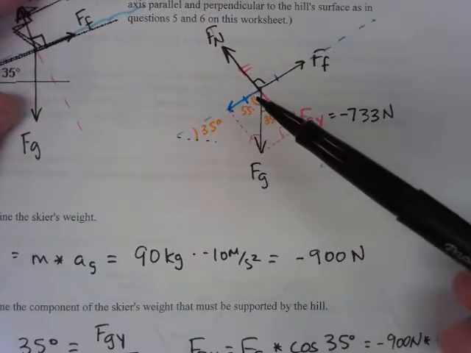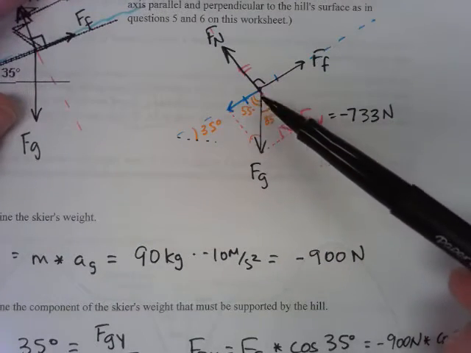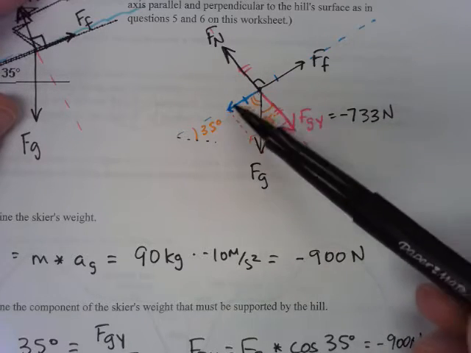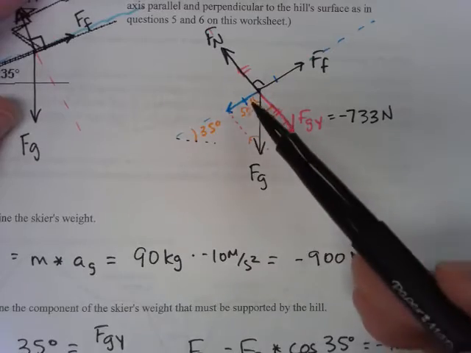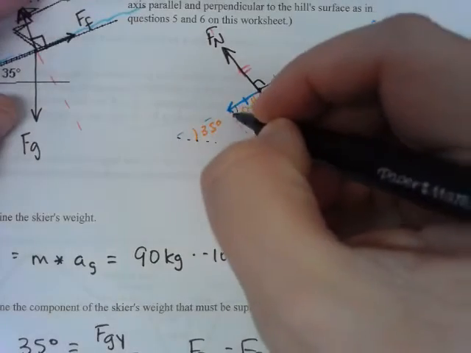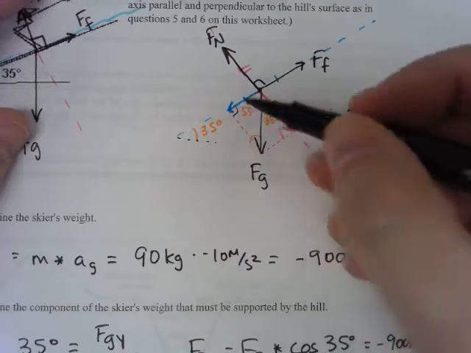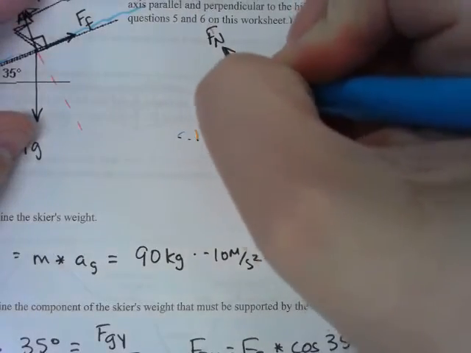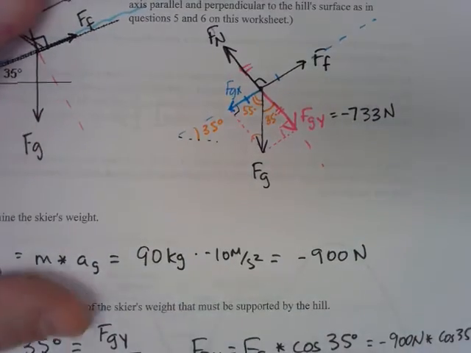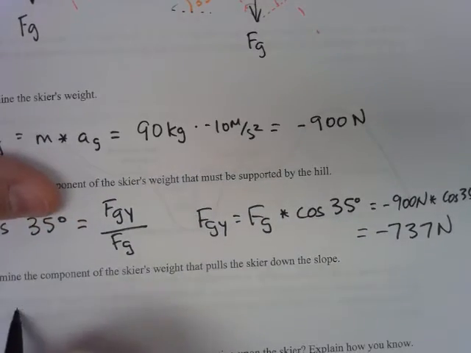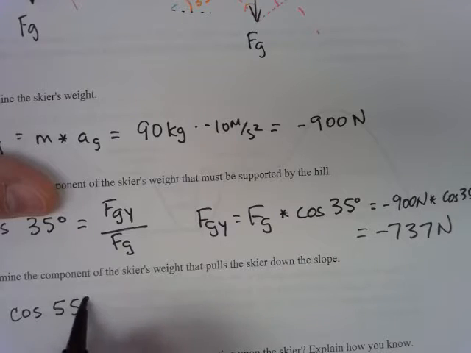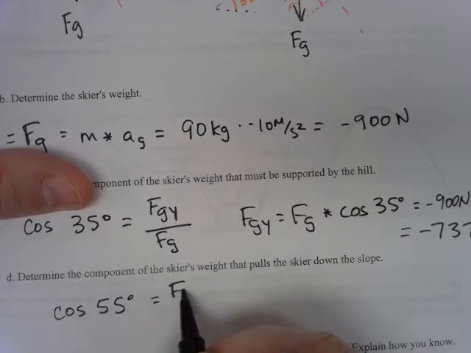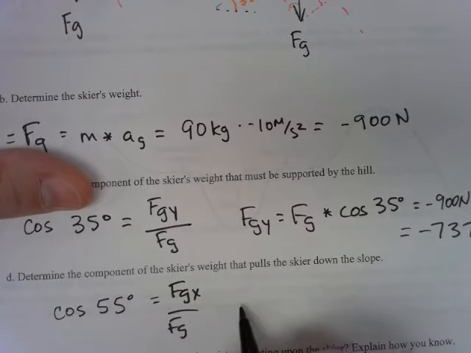For this guy, we know the angle in between our vector for force due to gravity and our vector for the force pulling the skier down the slope. If this is a right angle, then FG is again our hypotenuse, and we've got an adjacent leg. I'm going to label that guy FGX. So down here, I could say the cosine of 55 degrees, it's different than the one above, is going to be equal to FGX over FG.